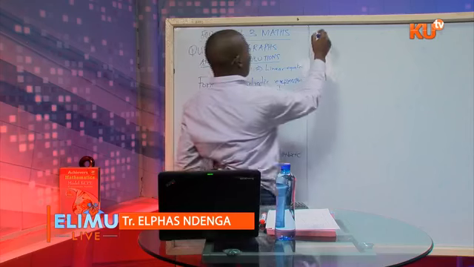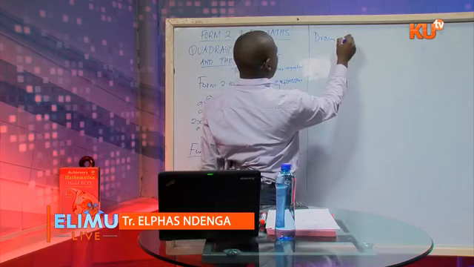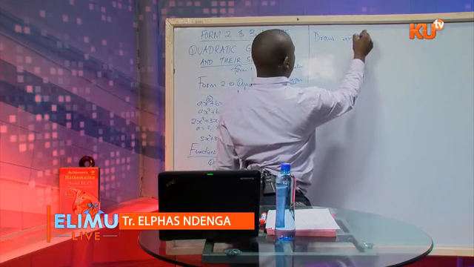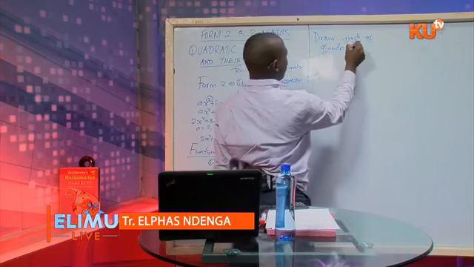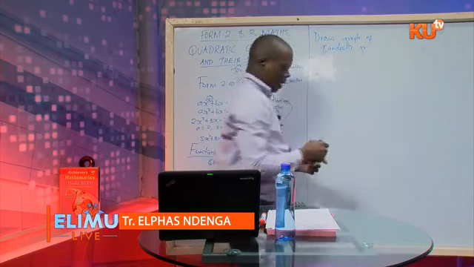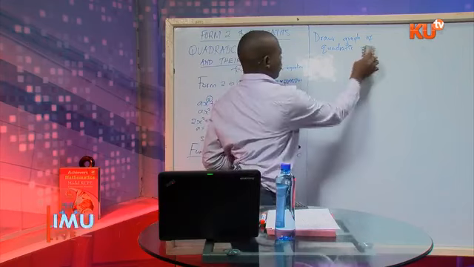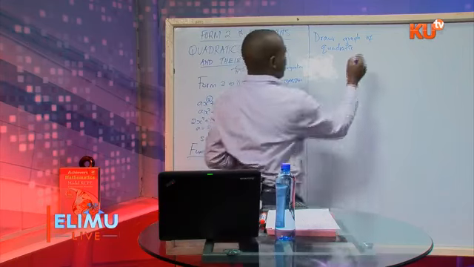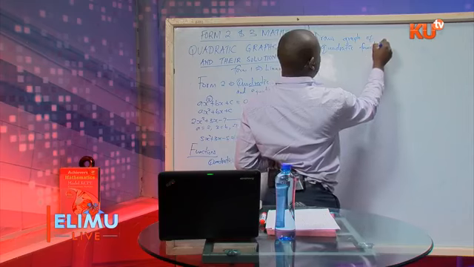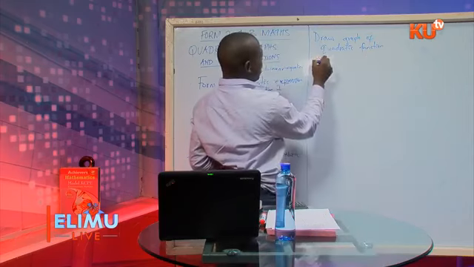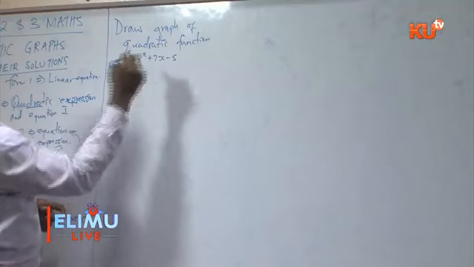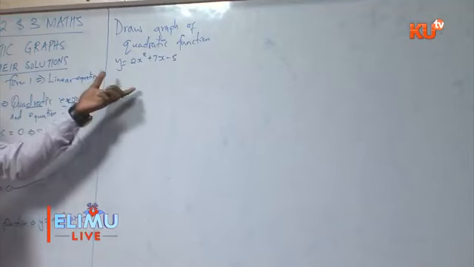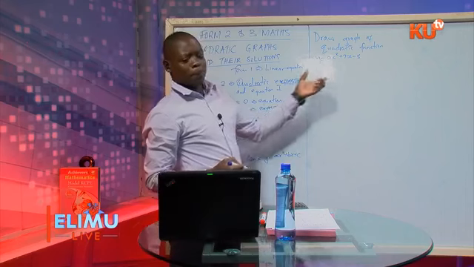So we draw the graph of quadratic functions. For example, we can have y is equal to 2x squared plus 7x minus 5. We will draw this as a function.